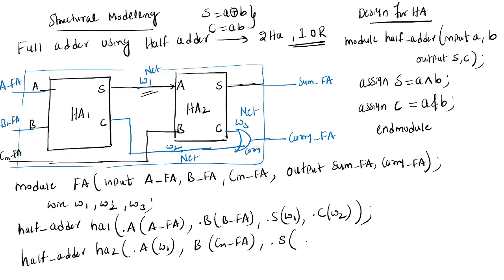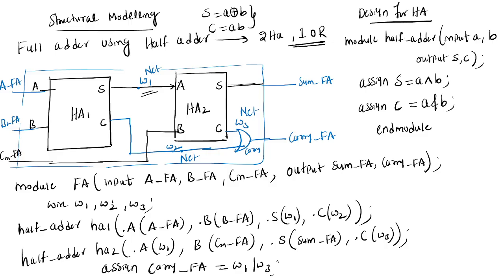Dot S is sum underscore FA, comma dot C is W3. Last, I'm using a continuous assignment statement: assign carry underscore FA equal to W2 OR W3. Then end module.